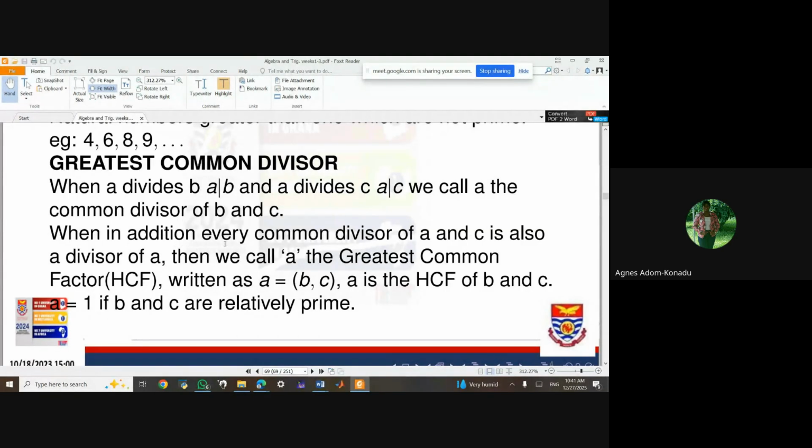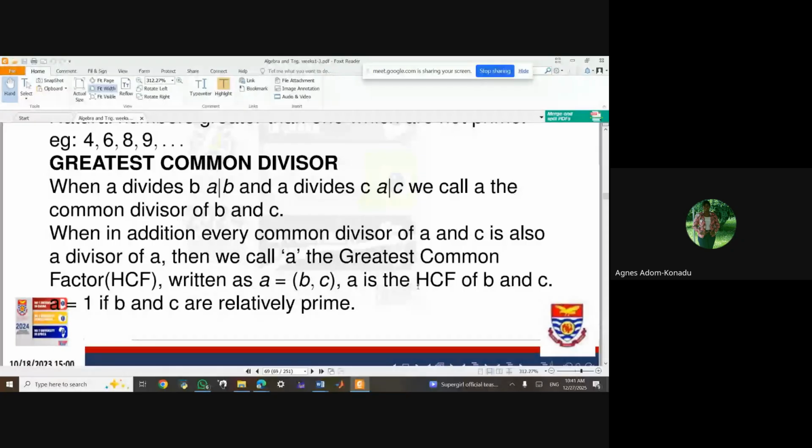When in addition, every common divisor of B and C is also a divisor of A, then we call A the greatest common divisor or the greatest common factor. It is written as A equals gcd(B, C).